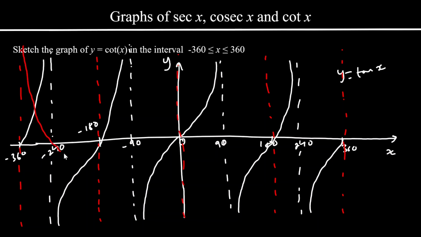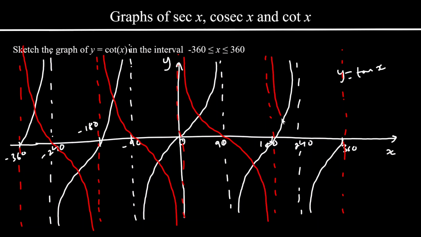So it kind of flips around. When we had an asymptote before, it's now going through 0. It gets closer and closer to 0, it goes through 0. And when our tan graph was negative, our cot graph's negative as well.